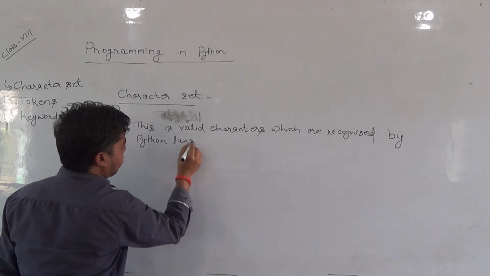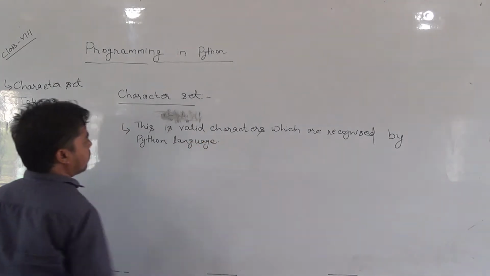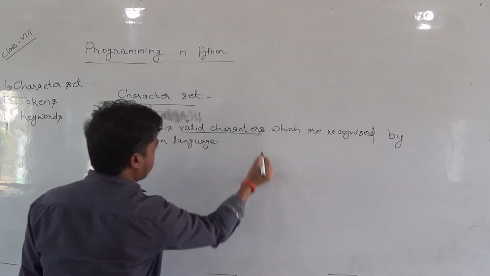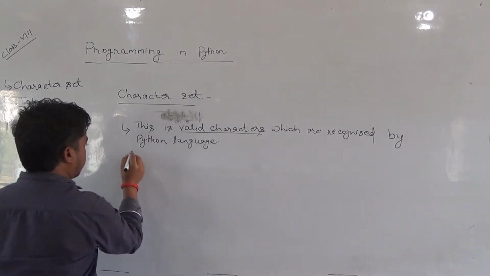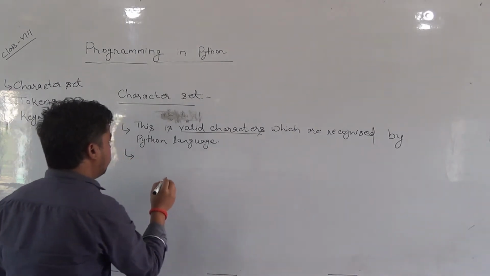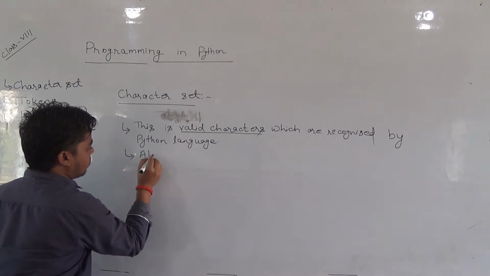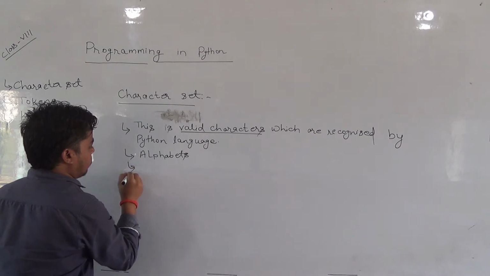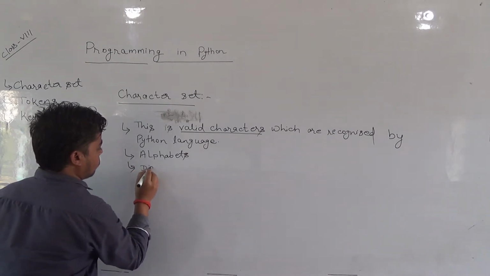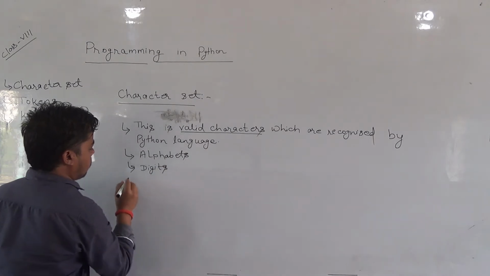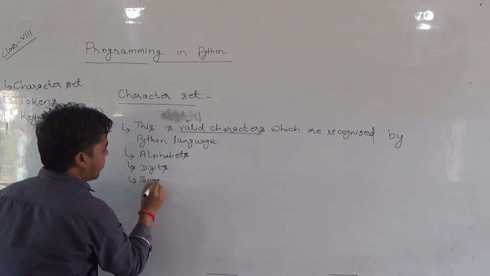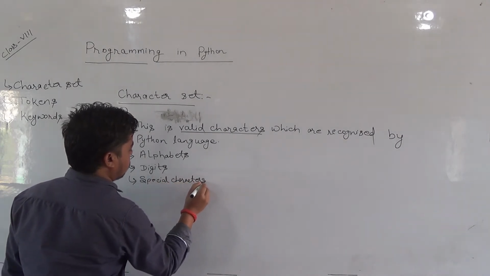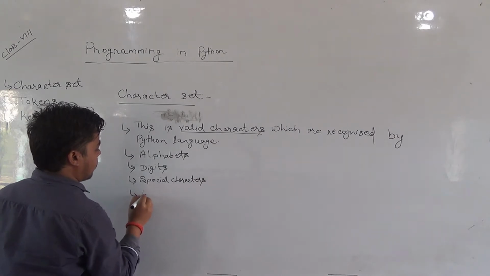Now here we have seen valid characters. So what could these characters be? These could be alphabets, then digits, then special characters, and finally white spaces.